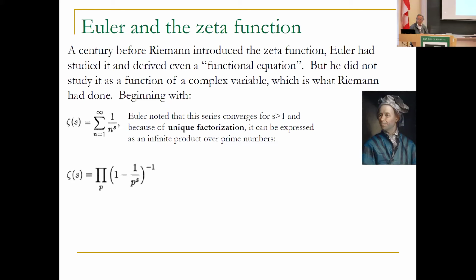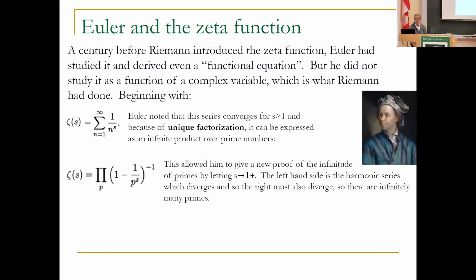So with this equation, we have an analytic expression of the unique factorization theorem. And then he showed that by taking the limit as s goes to 1, you can deduce that there are infinitely many primes. So here he's redoing what Euclid had done, showing the infinitude of primes, in a much more complicated way, using the zeta function.